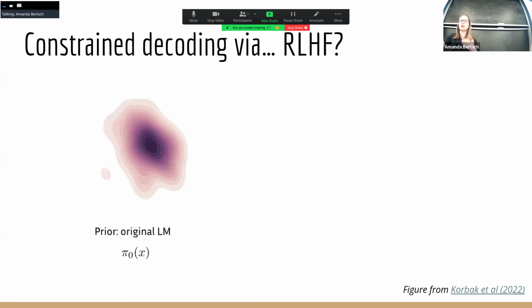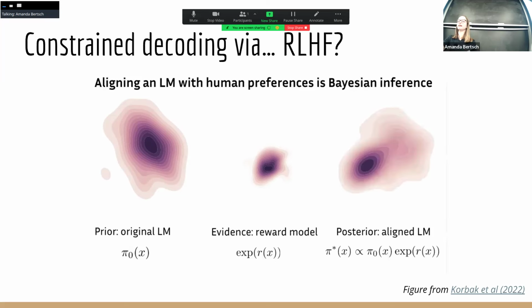And so we take our original model distribution and we take a really tight distribution of evidence that says this sequence is really high reward, this sequence is really low reward, and we try to combine them somehow through training. So we get a new model that is quote unquote aligned, in that it has a higher likelihood of giving us things that have really high reward according to our reward distribution.